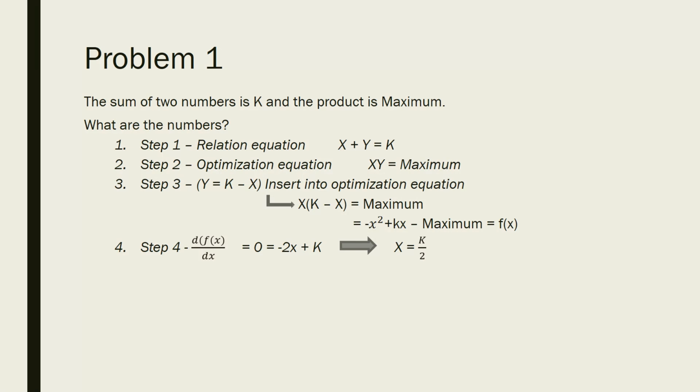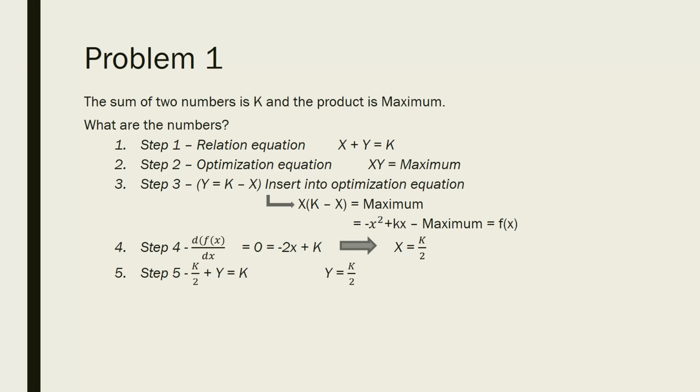And the fourth step will be to find the differentiation of this function, assuming that it equals 0 for the maximal or minimal point to find the optimal result of the function. The differentiation of the function is minus 2x plus k. And we can see that x equals k over 2.